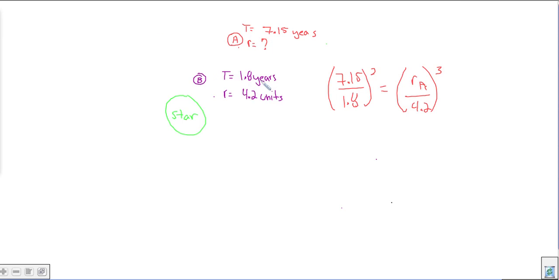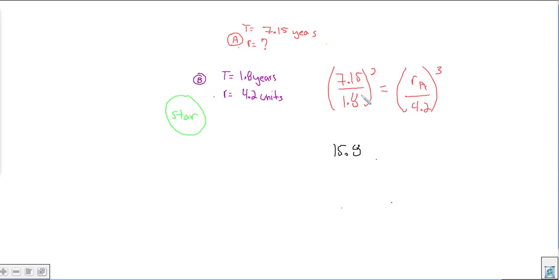Say this one was 1.8 years and this one was 7.15 years. If we knew the radius of this one, we could figure out the radius of that one by plugging it into Kepler's third law. You notice the time of A divided by the time of B, squared, equals the radius of A divided by the radius of B, cubed. If you solve that, you'll find that this equals 15.8 right here.